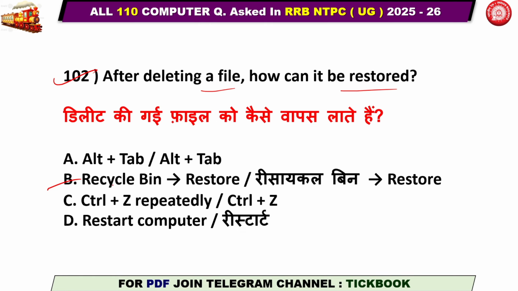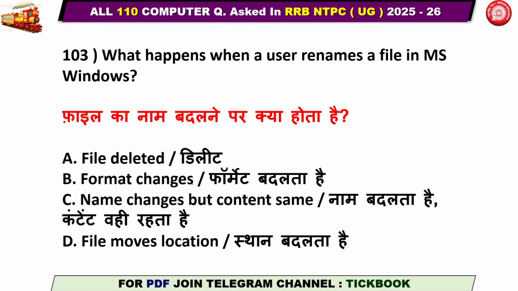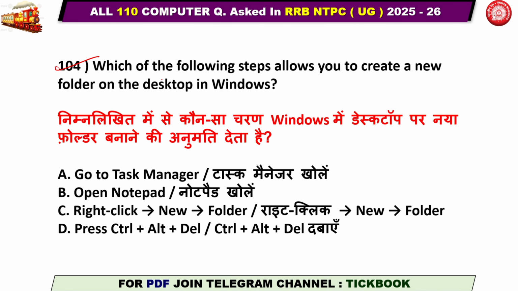Option number B, recycle bin, then restore. 103. What happens when a user renames a file in MS Windows? Option number C, name changes but content same. 104. Which of the following steps allows you to create a new folder on the desktop in Windows? Option number C, right click, then new, then folder.